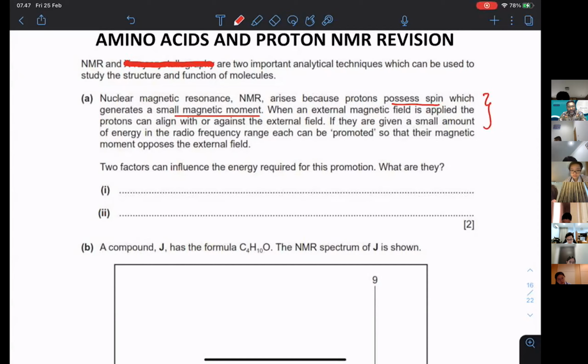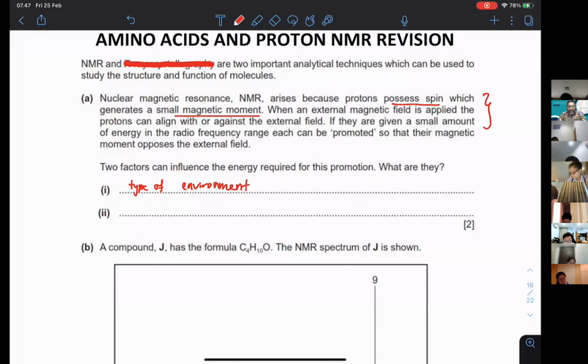Now, two factors can influence the energy required for this promotion. What are they? If you do not know what to answer, I'll just let you know. The first factor: the energy required for this promotion depends on the type of environment, either of the proton or of the carbon.